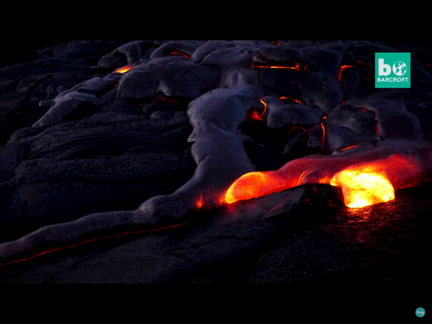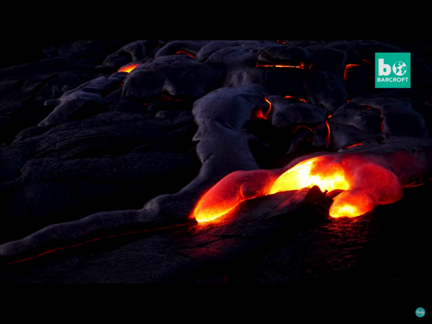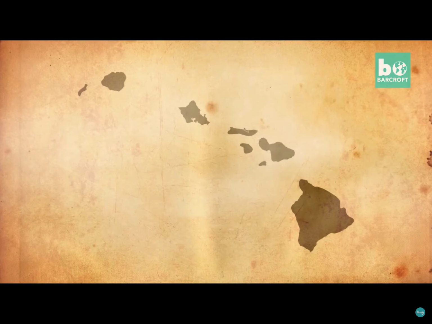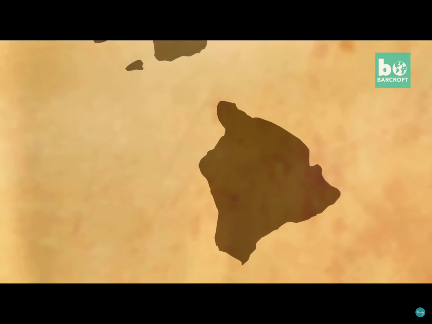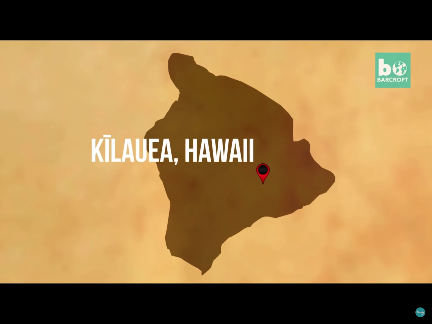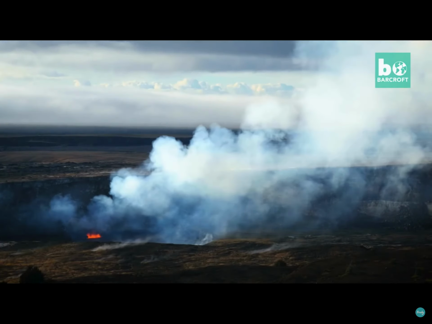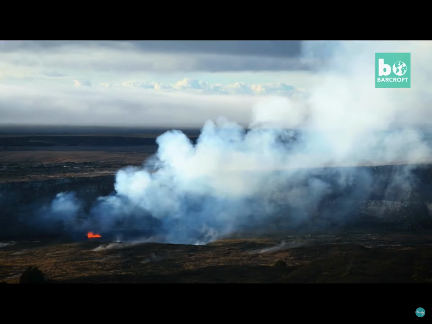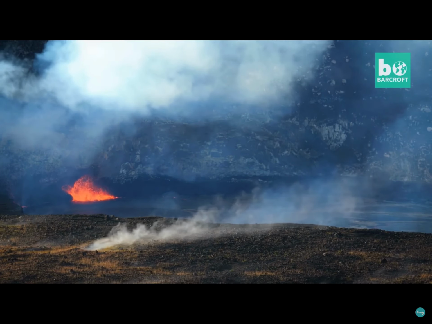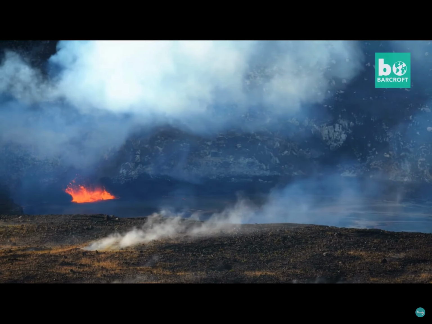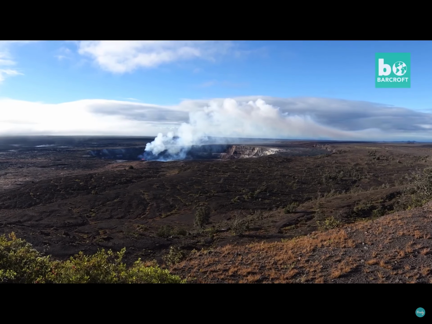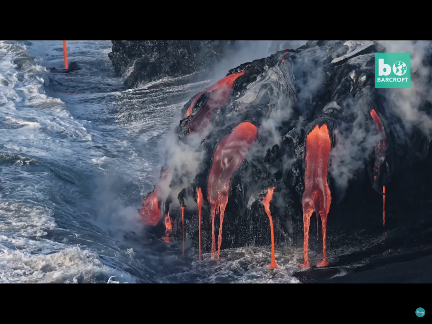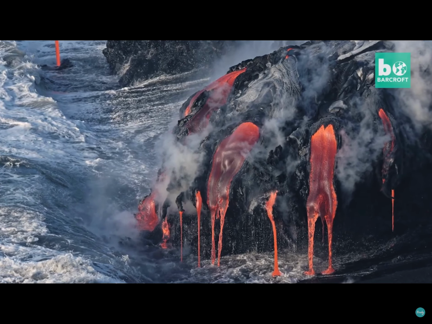Kilauea is the most active of the 5 volcanoes that make up the island of Hawaii, and is one of the most active volcanoes in the world, as it's been continuously erupting since 1983. Filmmaker and volcano specialist Mark Jagrath visited the area in September 2016 during particularly high levels of volcanic activity.